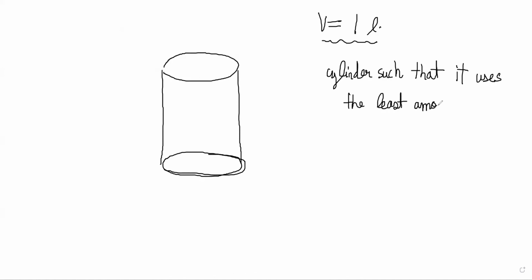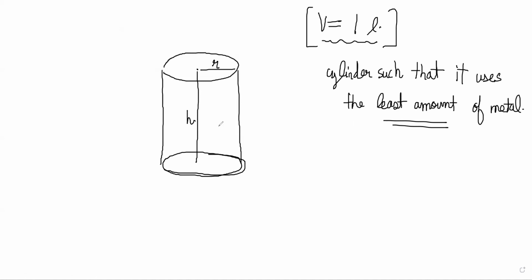You understand what I'm saying? If it uses more metal, then what will happen? It will have more cost. So the company wants to design the shape, height and radius of the cylinder such that the volume is always 1 liter, but the metal that is used is lower, right?